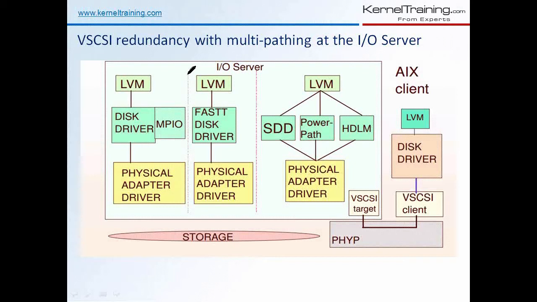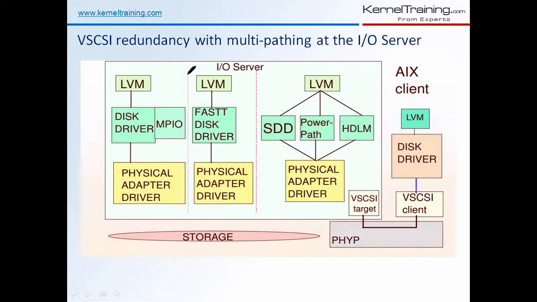If you have multipath, then if one adapter fails, the disk will come through the other adapter. This is the function of multipath. What is the benefit? I will not lose the connectivity with my LAN.